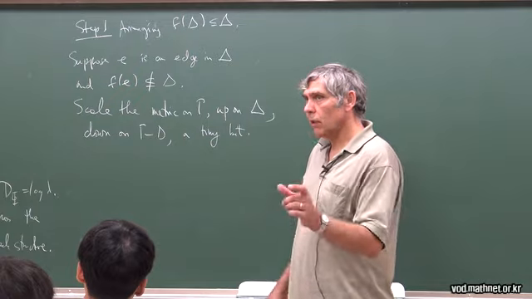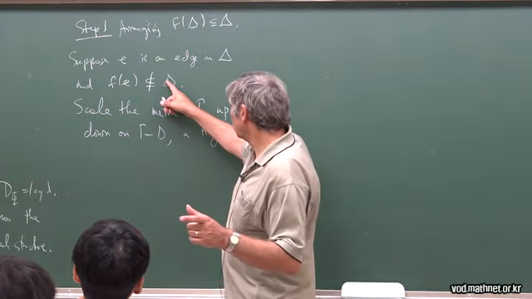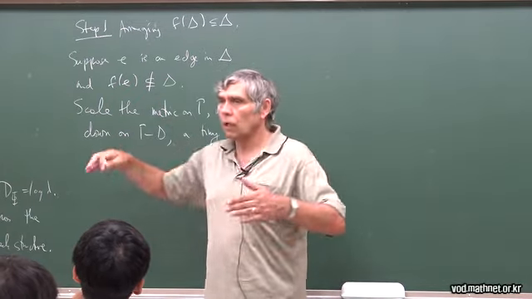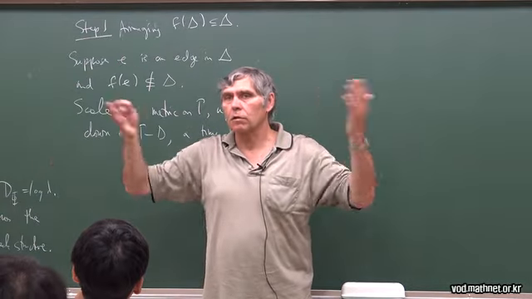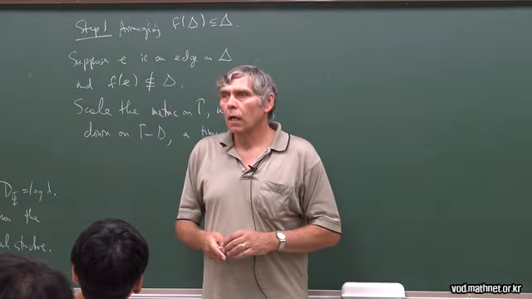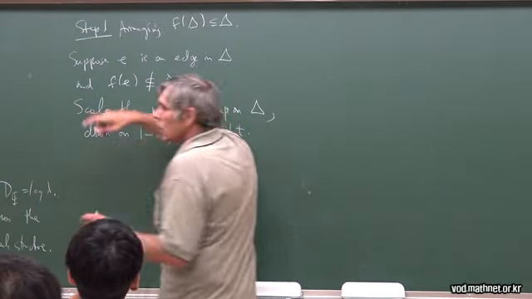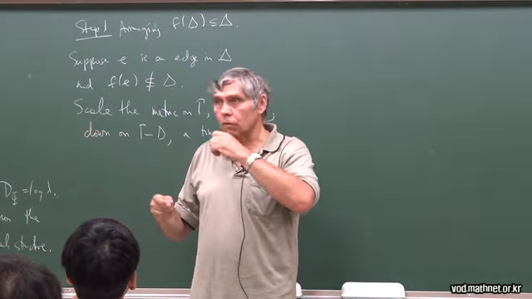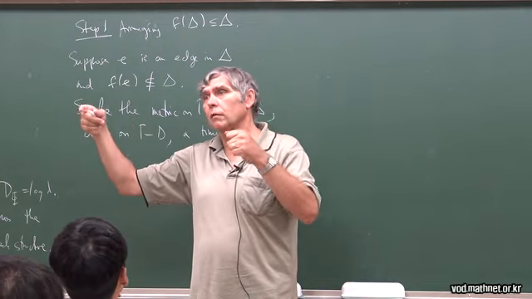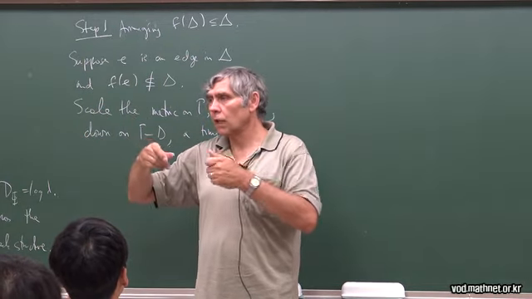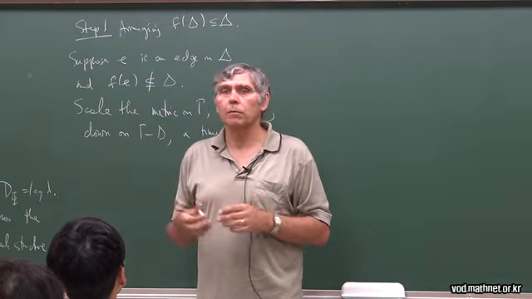If I take some edge E in delta that maps all the way into delta, well, the metric on delta was just scaled, so the slope will still be lambda. But if it's mapped into the complement, then E was scaled up, but the complement was scaled down. So now the image is shorter than before, but the edge is longer than before. So that means the slope goes down.